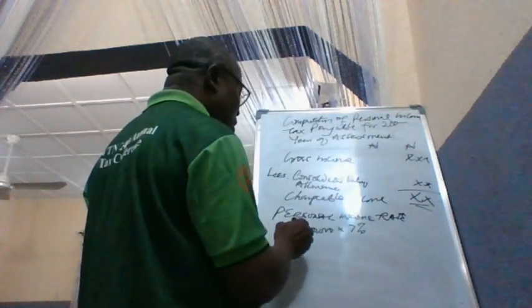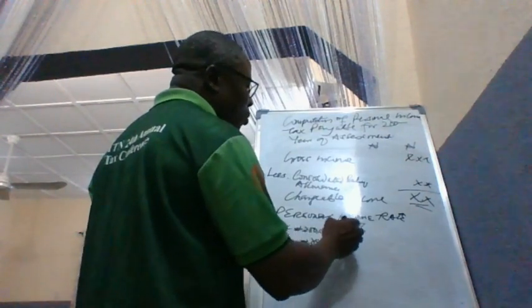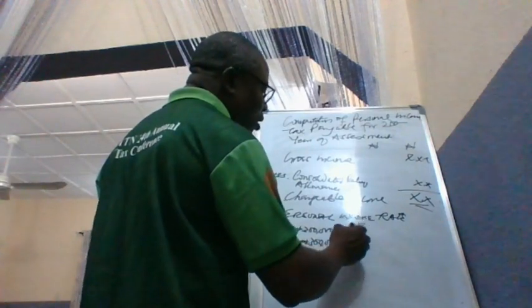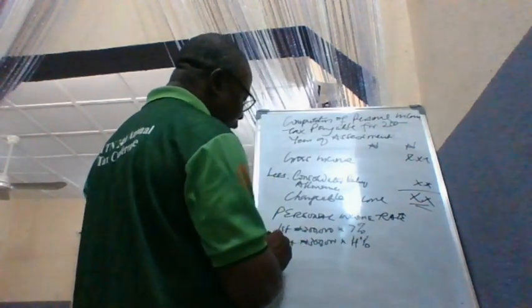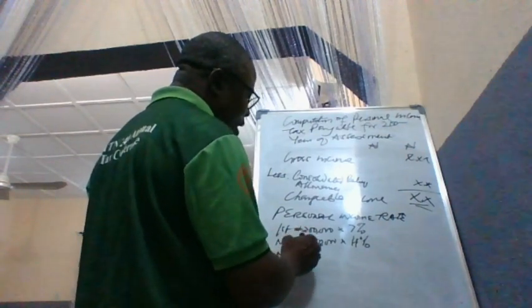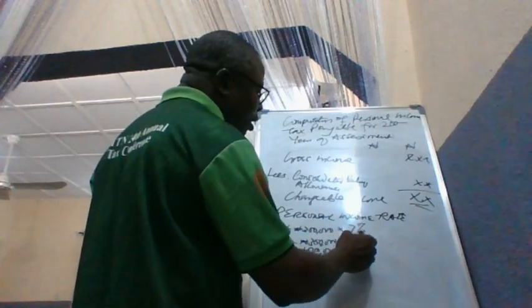Next 300,000 naira, depending on the balance, will be 11%. The next 500,000 naira should be 15%.